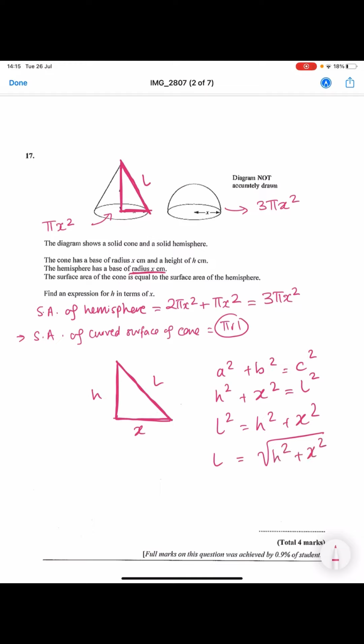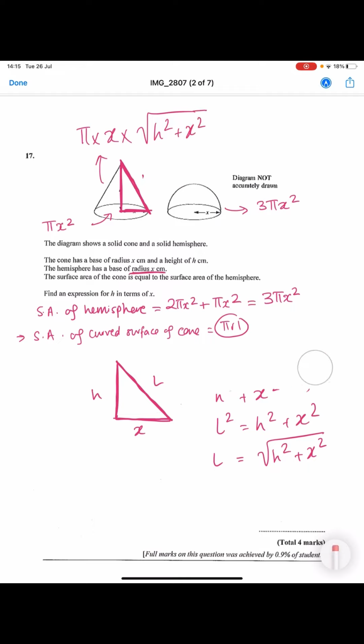So now the surface area of this is pi times x times L. We know L is the square root of h squared plus x squared.